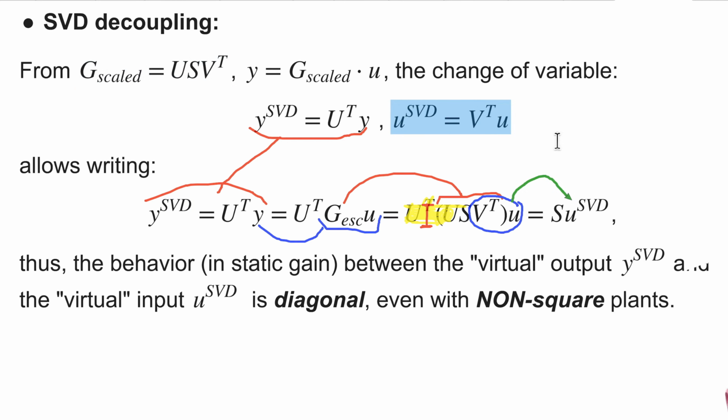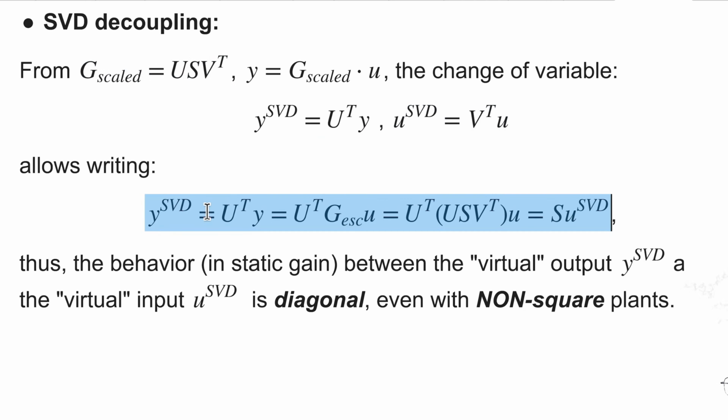So if we make that sequence of changes of variables, the apparent behavior between these SVD related variables is the diagonal matrix S. And importantly, it is such even with non-square plants, with suitable dimensions of matrices U and V.